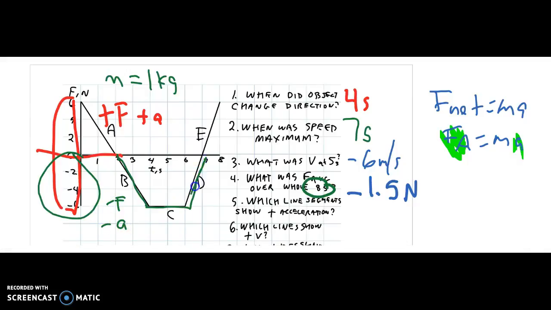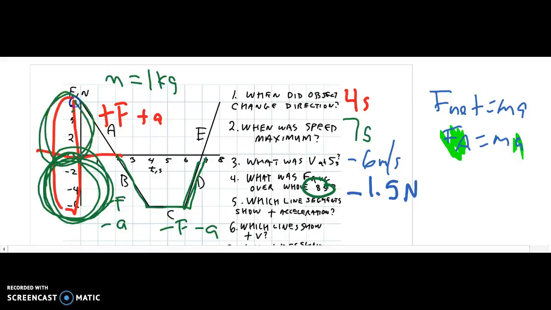All of these sections, we don't care if it's going up or down, again, have negative forces, so negative accelerations. The very last one, back up to positive forces, so that is a positive acceleration. So I can see it is section A and section E have positive accelerations.